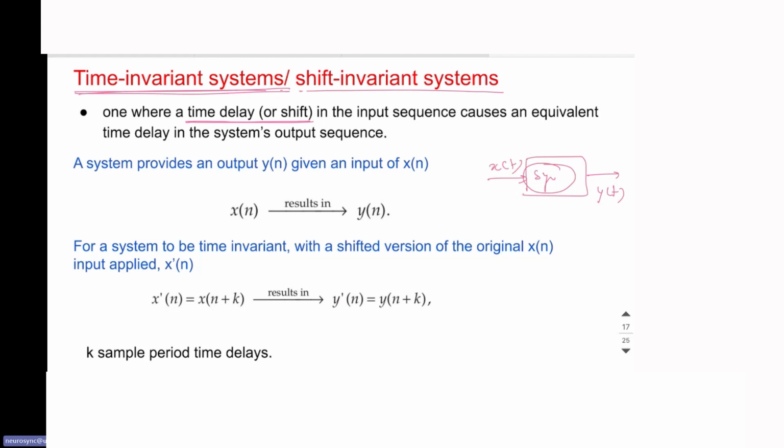We are saying sequence because we are talking about the discrete input signal. So I can say this is x of n and this is y of n.